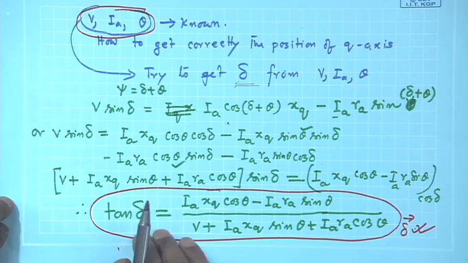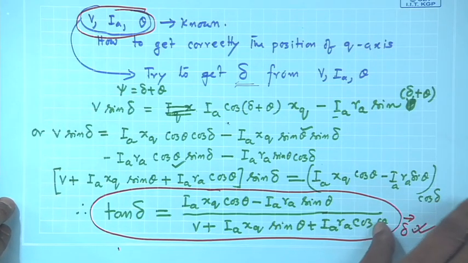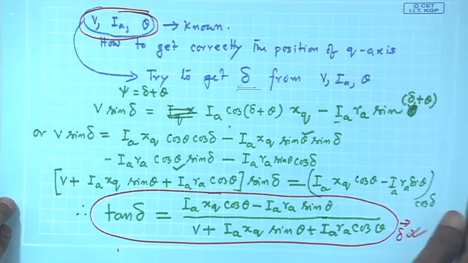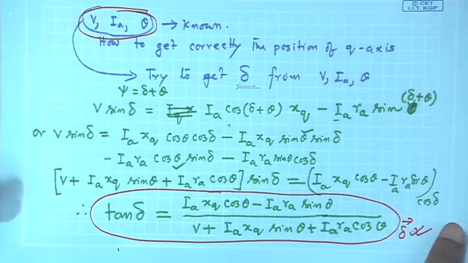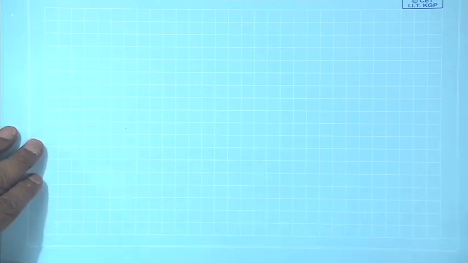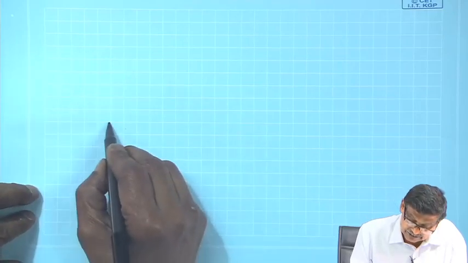And once delta is known, now I will come back to drawing the Phasor diagram. I will know what is the value of delta, maybe 10 degree, 8 degree, whatever it is. So, from the operating point I will calculate delta, then I will be doing the Phasor diagram much more confidently now. It is like this.